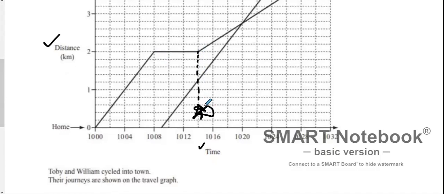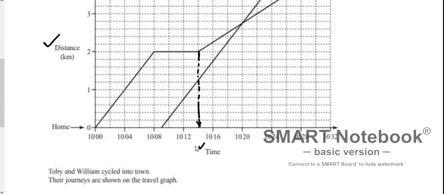Okay, sorry for that. Let me show it again. You need to find the difference between this time here. What is this time? This is 10:12. This is 10:16.